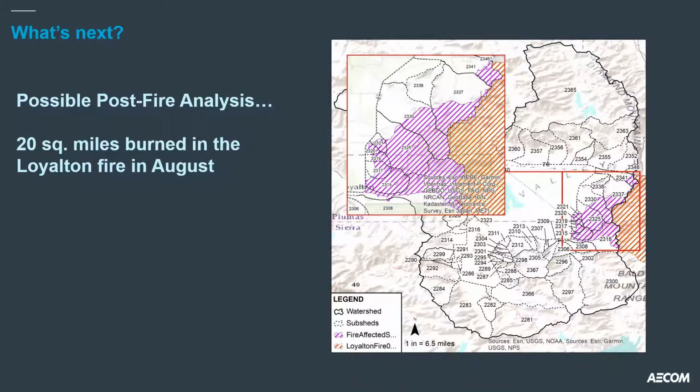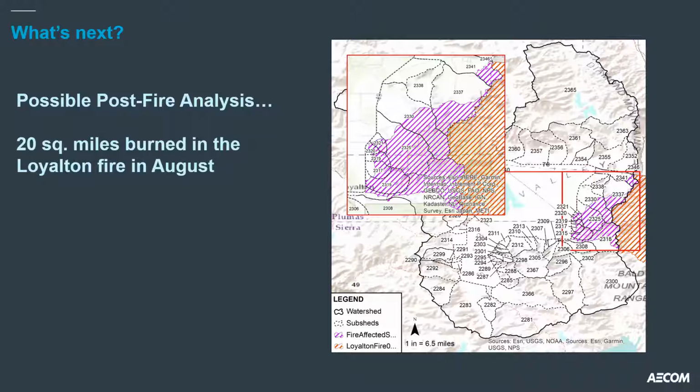So I really enjoyed this project. Like I said, it was the best data I've ever had to work with over my entire career. We were happy with our results. Region 9's happy with our results. I think that a similar parametric analysis could be applied in Colorado. We have data.